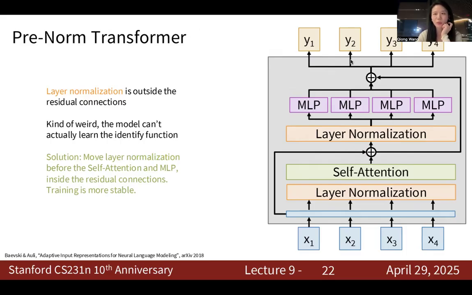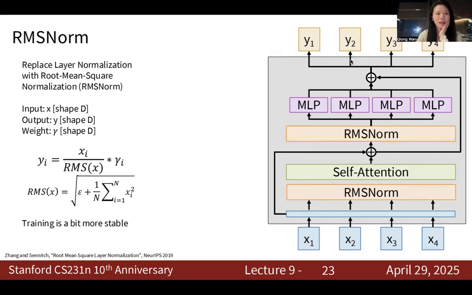So we made the solution like this: move the layer normalization before the self-attention and the multi-layer perceptron, inside the residual connections. Training is more stable.